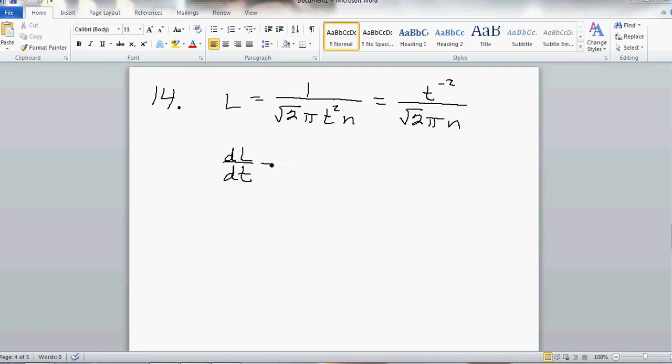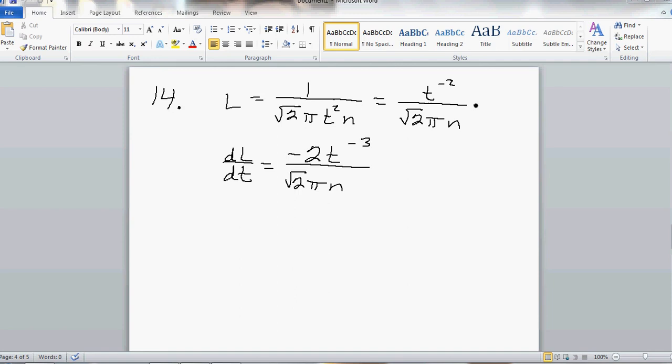So now dL/dt simply says, take the exponent times the coefficient, so it'll be negative 2 times the 1, so it's going to be negative 2 t to the negative third, and the rest is just numbers, so we don't have to do any extra work. Numbers are just numbers. They're a coefficient.